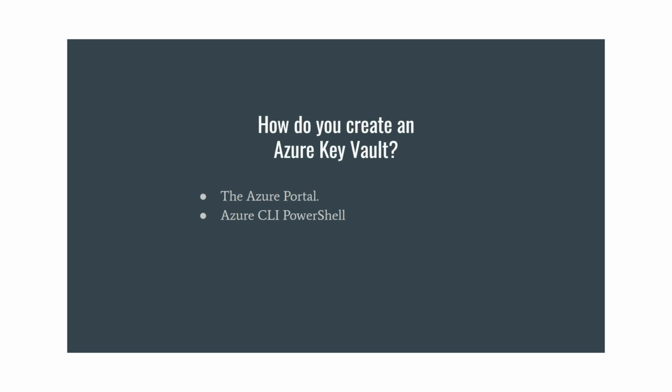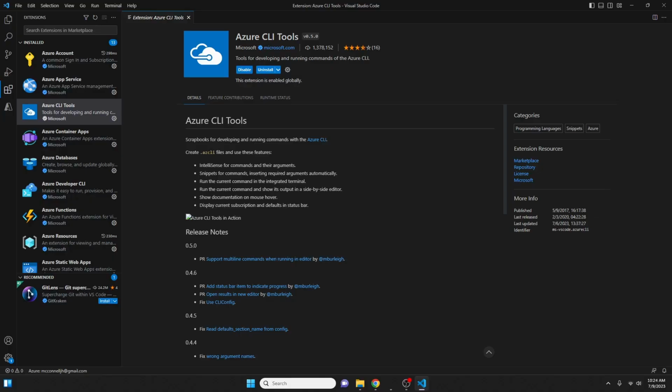And then the second way to do it is through the Azure command line interface or PowerShell. You can do this directly in the Azure portal through the command line interface, or you can hop over to VS Code. You need to download and install the Azure CLI tools extension that Microsoft puts out, but you can also run the command here as well.